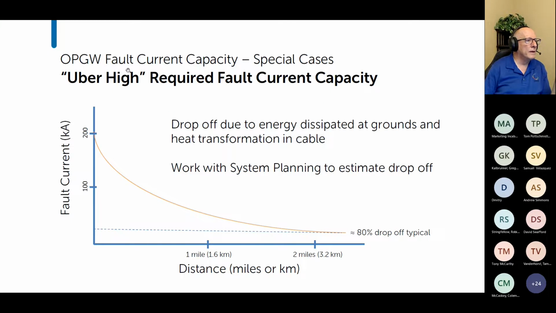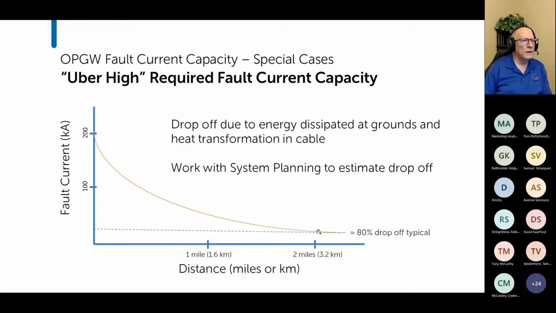What that means is if you have fault current right at the substation, 200 kA squared seconds, 1 to 2 miles away, it's going to be a lot lower. 80% is kind of typical. So if it was 200 there, it's going to be 20 within a couple of miles. The reason for that is energy gets dissipated at grounds along the way, right?